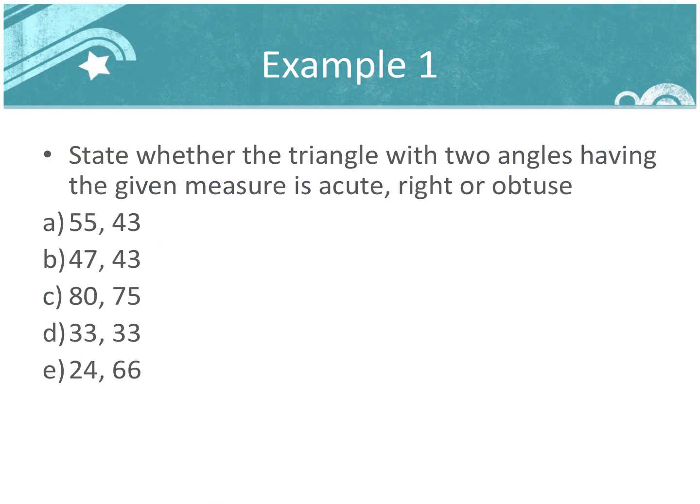Looking at this example, it says state whether the triangle with two angles of the given measure is acute, right, or obtuse. What was this? What you have to do is, what's the measurement of a triangle? What does it have to equal? 180. The inside has to equal 180.